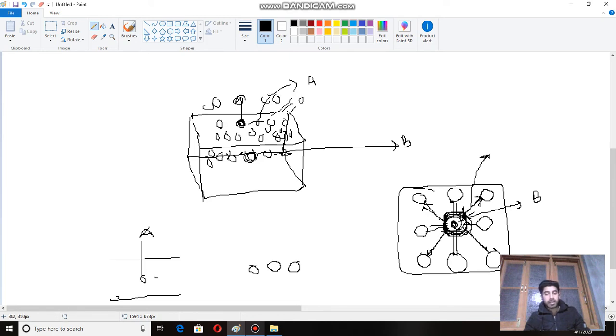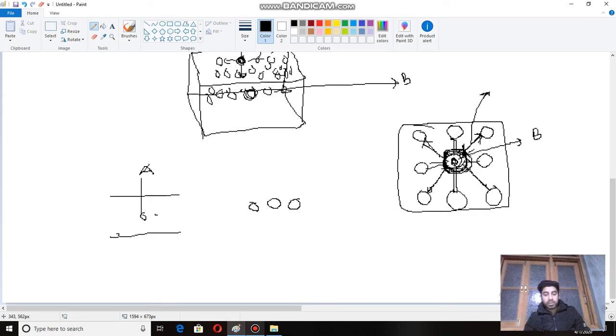At the right there are atoms, at the left there are atoms, in the bottom there are atoms, but at the top there are no atoms. So this atom A will have force of attraction with this, with this, with this, with this, and with this.